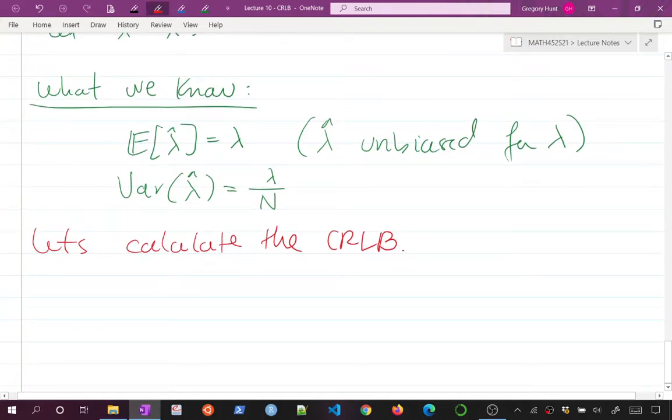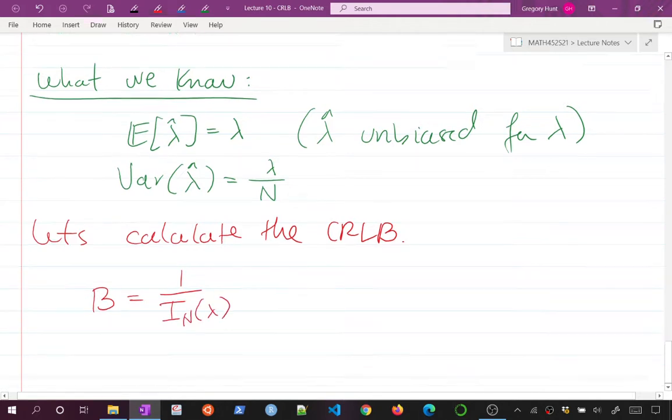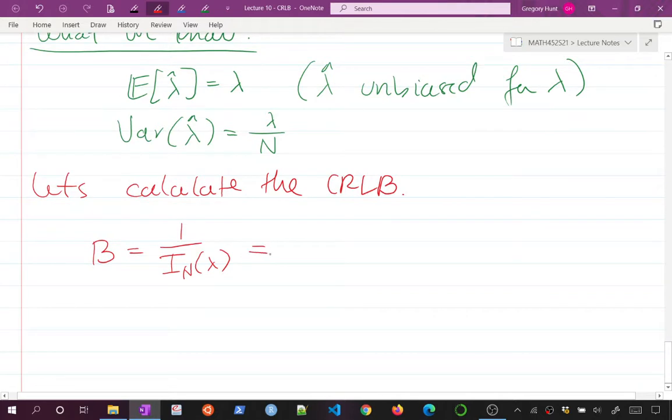So B, my bound, is 1 over the information for lambda. And we had shown, I think several times in the last lecture, that the information from a Poisson distribution is n over lambda.